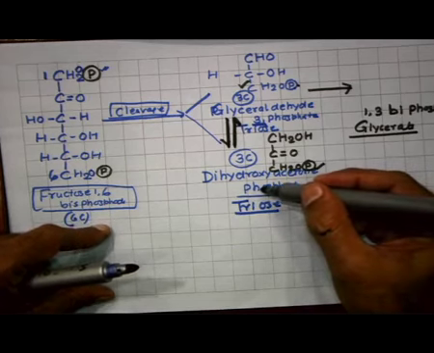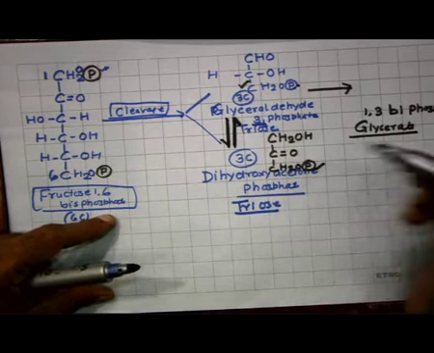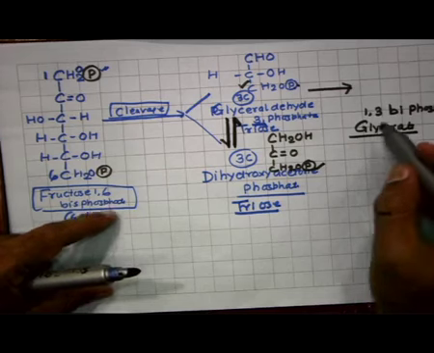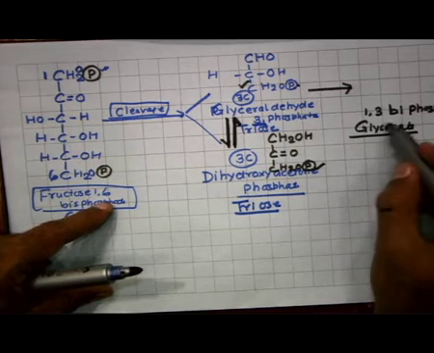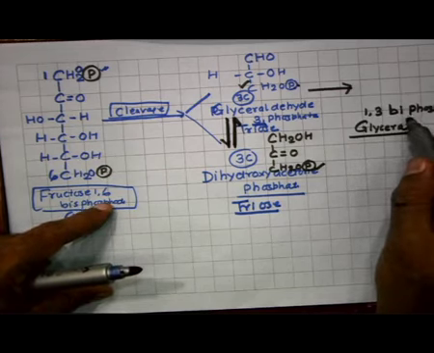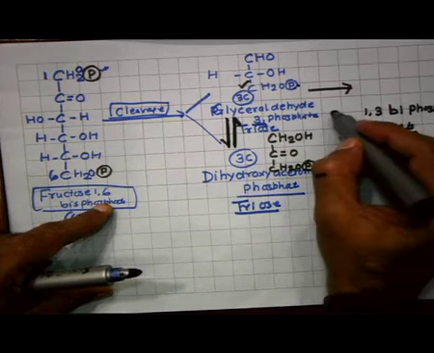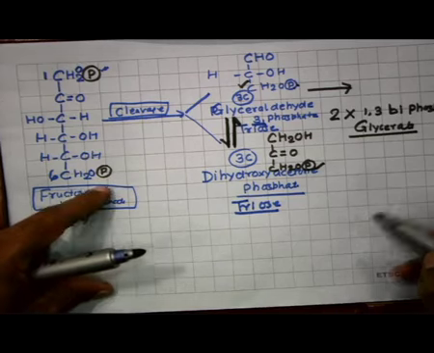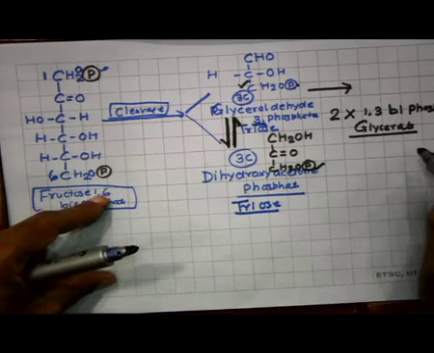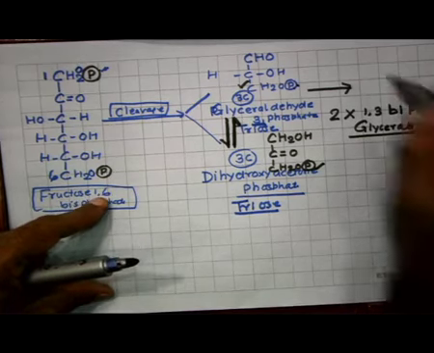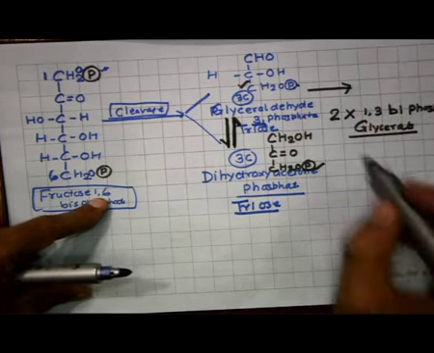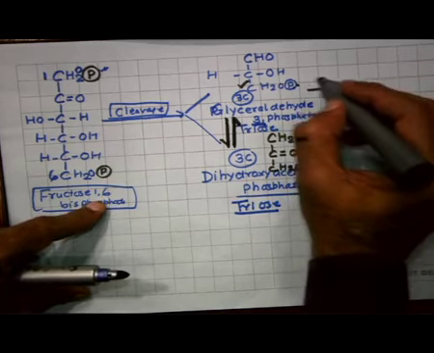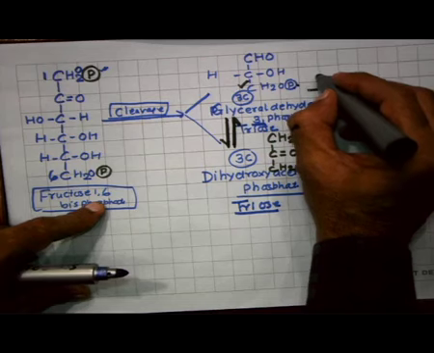Because the dihydroxyacetone phosphate is also converted into glyceraldehyde. So, this 1,3 biphosphate glycerate is formed, 2 molecules of 1,3 biphosphate glycerate are formed. It requires an enzyme called dehydrogenase.